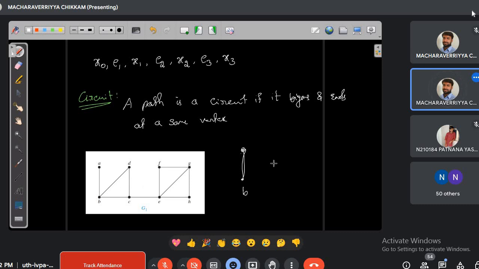Or you can start at B. For example, you can start at B and travel on this edge, then you come to C, you travel on this edge, come to D, travel on here, then come to B. Now clearly this is a circuit, the circuit B, C, D, B. You're starting at B and again you are ending at B. So this is a circuit.